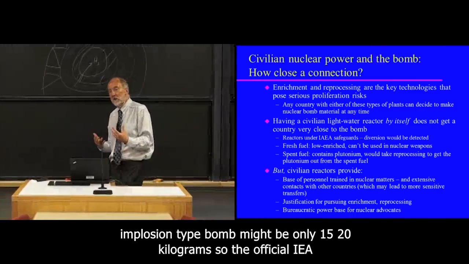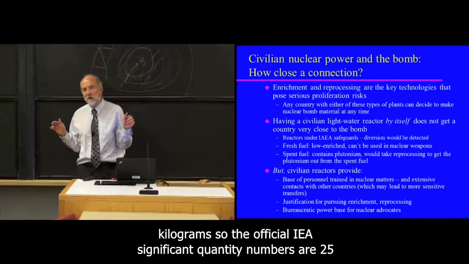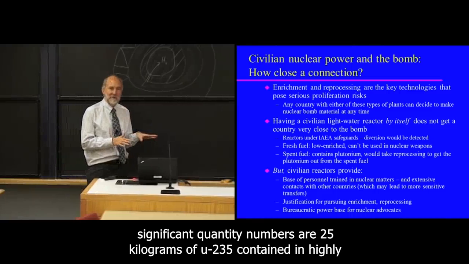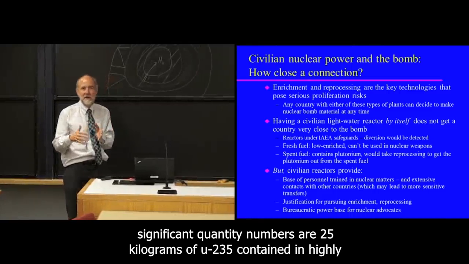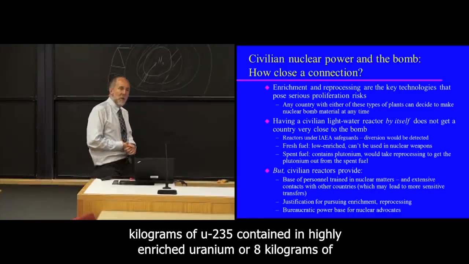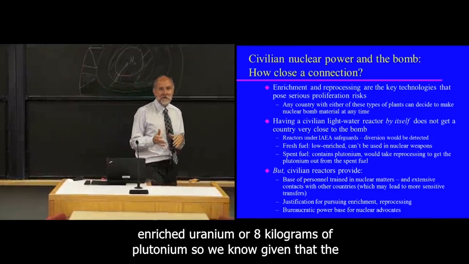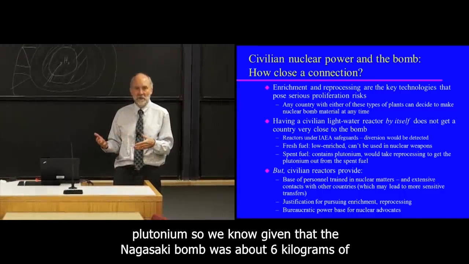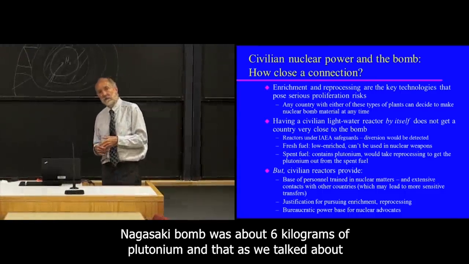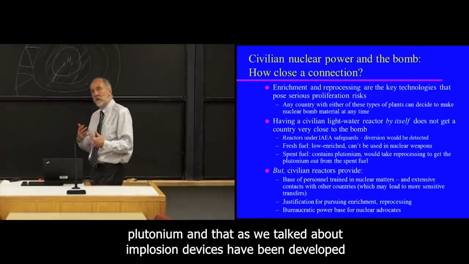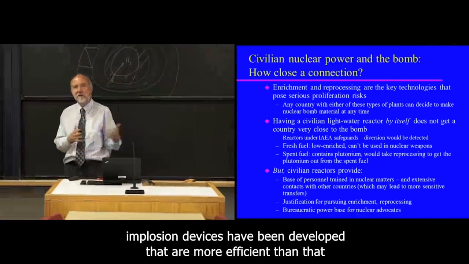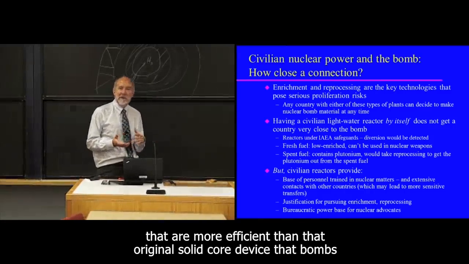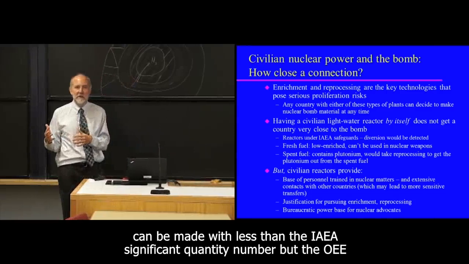So the official IAEA significant quantity numbers are 25 kilograms of U-235 contained in highly enriched uranium, or 8 kilograms of plutonium. So we know, given that the Nagasaki bomb was about 6 kilograms of plutonium, and that, as we talked about, implosion devices have been developed that are more efficient than that original solid core device, that bombs can be made with less than the IAEA significant quantity number.